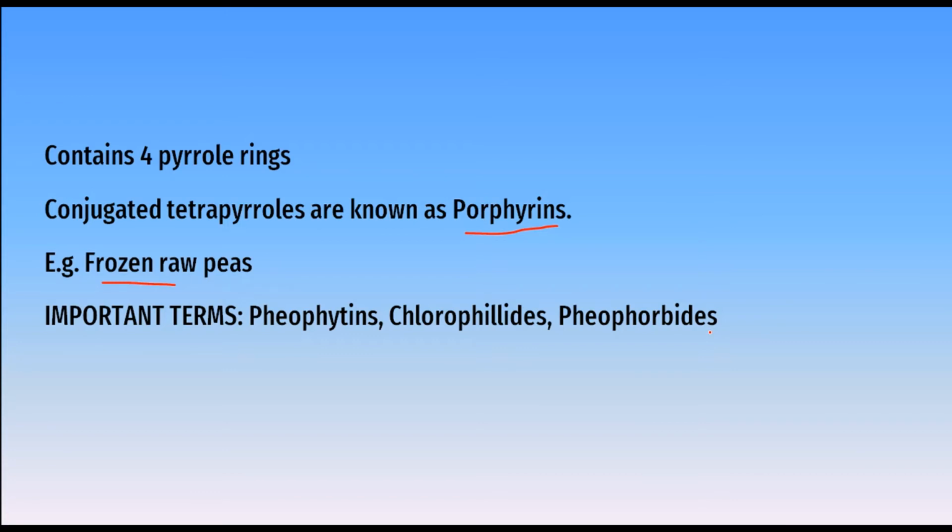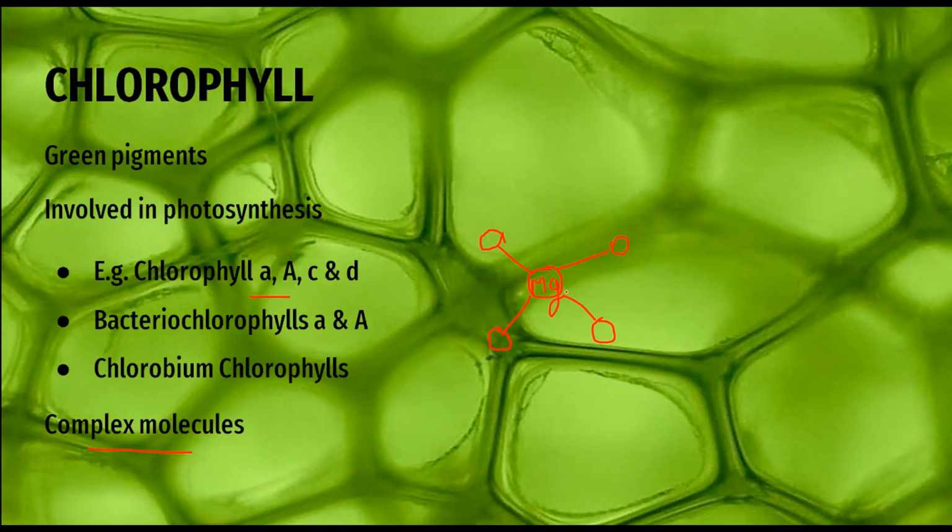When it's about pheophytins, okay? When the central magnesium of chlorophyll is replaced by hydrogen, then it is called pheophytin. It happens in green vegetables when freezing or storage is done.